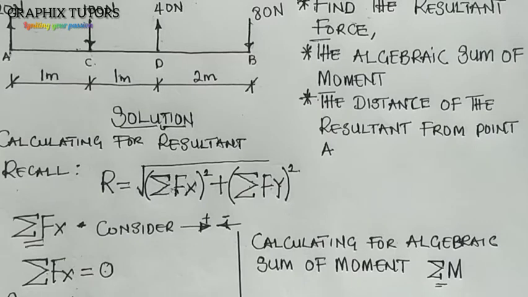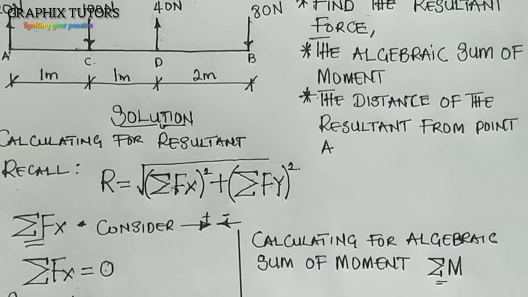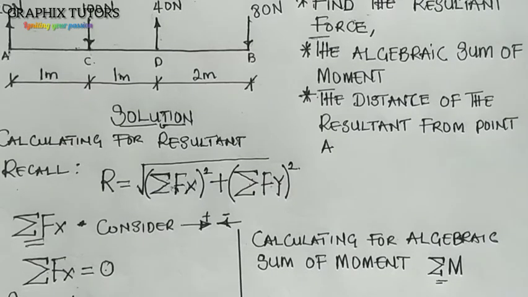Right? Now what we simply do, we know that moment is the force times perpendicular distance. From my previous video, part 1 of moment, talking about the basic concept of moment, if you watch the video, you have a better insight of what I'm about to do here. We know that moment, like I said earlier, is force times perpendicular distance, from the point of action to the line of action of the force.